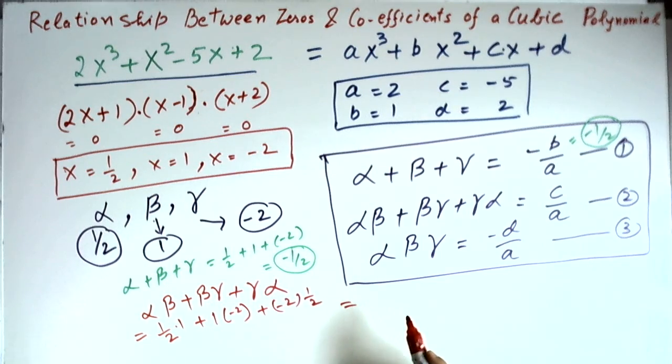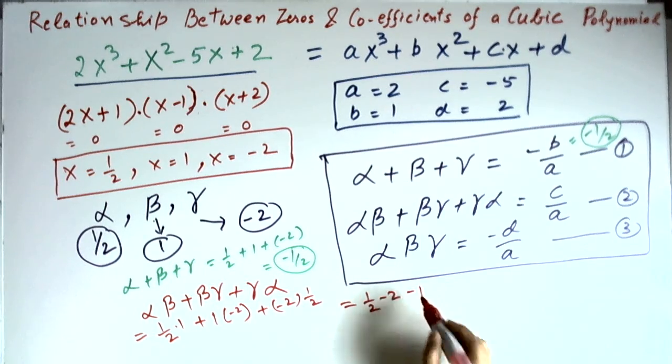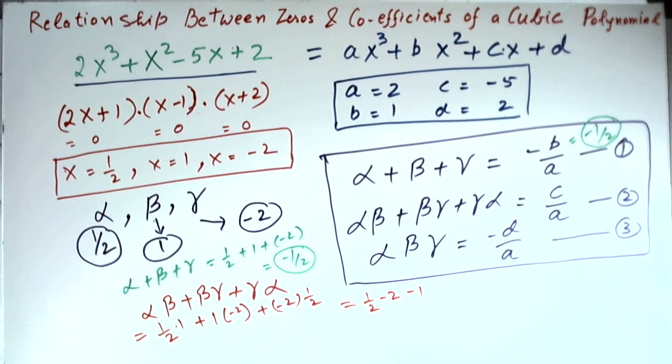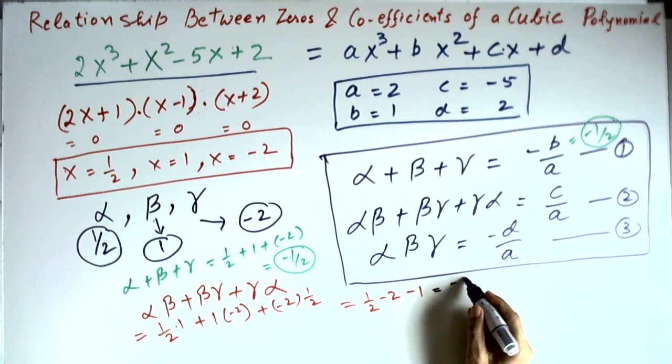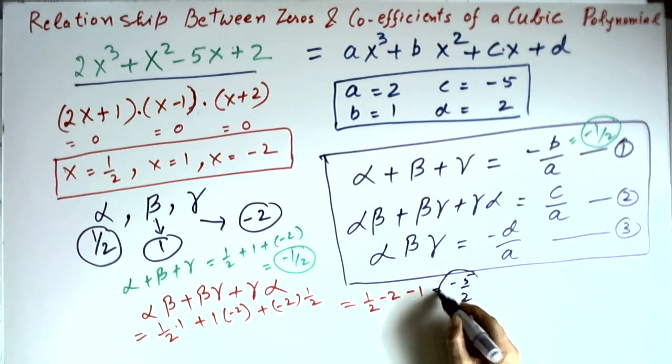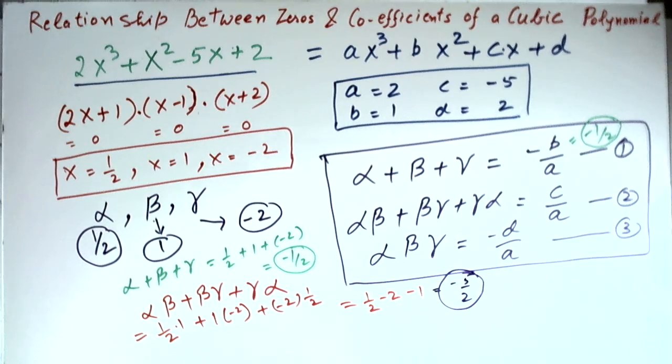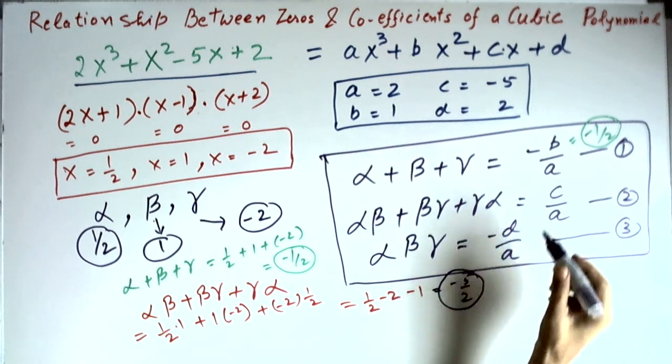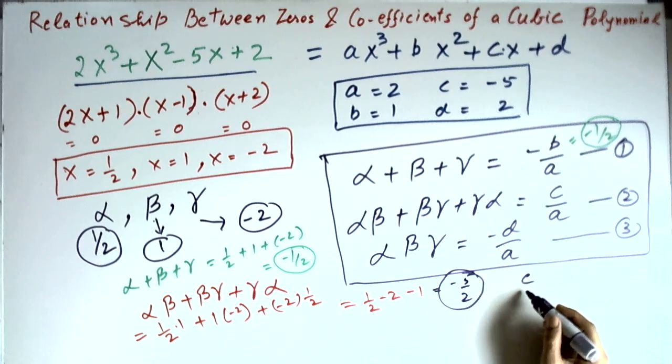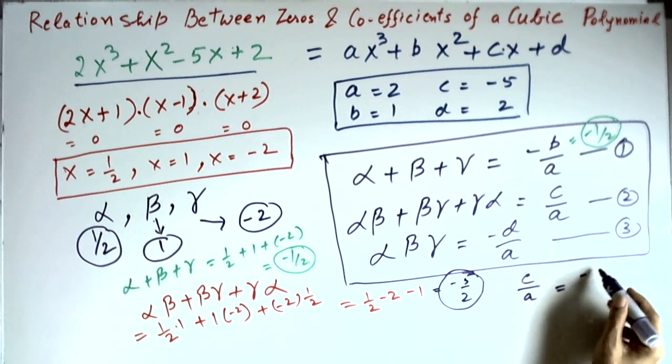So this will become half minus 2 and minus 1, which becomes minus 5 by 2. And if we look at the value of c by a, it is also equal to minus 5 by 2.